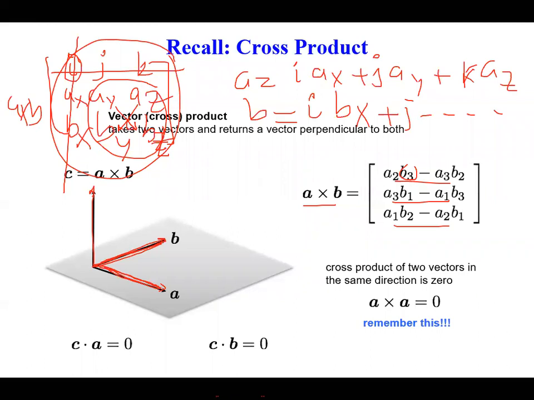If you map y onto 2 and z to 3, you will find exactly that first row. Ay is A2, Bz is B3, minus Az multiplied by By. Az means A3, and y means 2, so it is B2, correct?